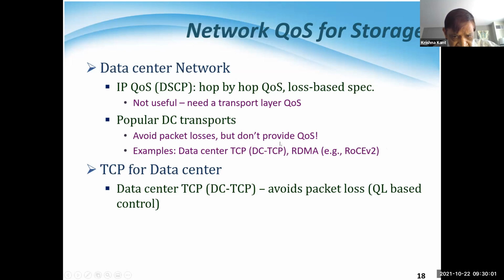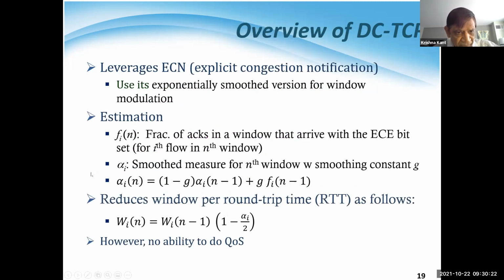Now, to handle the problem of loss, there are some TCP proposals known as data center TCP, in particular DCTCP. It does avoid the packet loss, but doesn't provide the QoS. The way it works is that it uses the explicit congestion notification, ECN.